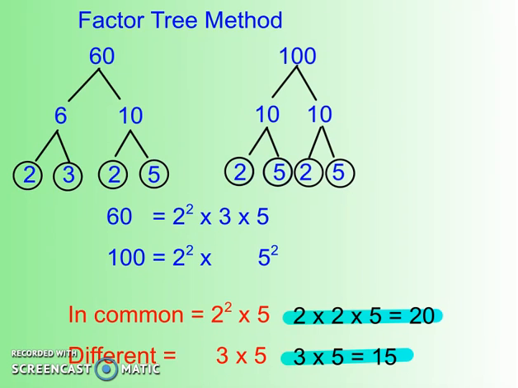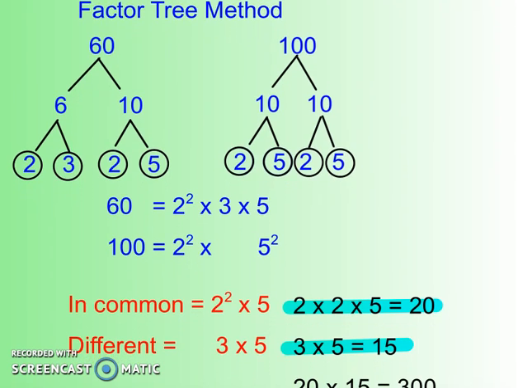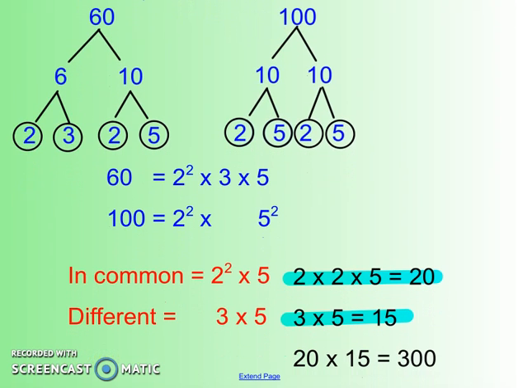Now, I'm still not done yet because do you notice I have two answers? I have a 20 and a 15. Well, in order to get one answer, I'm going to multiply them together. 20 times 15 is 300. It equals 300. Well, that is actually my LCM. So my LCM for this problem is 300.